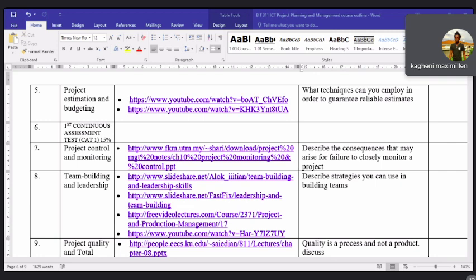Another one. Why do we consider a budget as an estimate and not accurate? Can a budget ever be accurate?